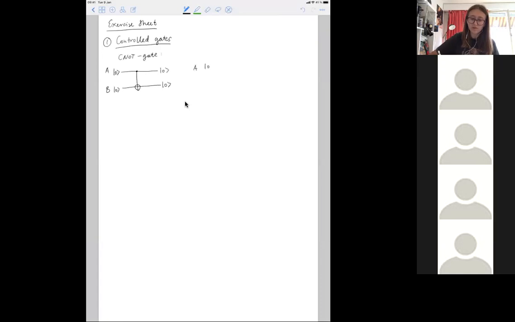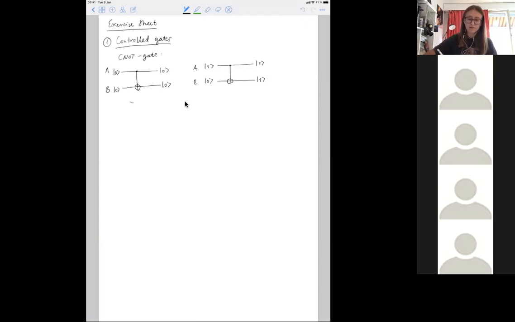However, if we are in a different situation where the first qubit is in state 1 and the second qubit is in state 0, and we apply the CNOT gate, then the first qubit doesn't change its state, but the second qubit flips. That is exactly the idea of the CNOT gate. If the first qubit is in state 0, then nothing happens to the second qubit. If the first qubit is in state 1, then the state of the second qubit flips.